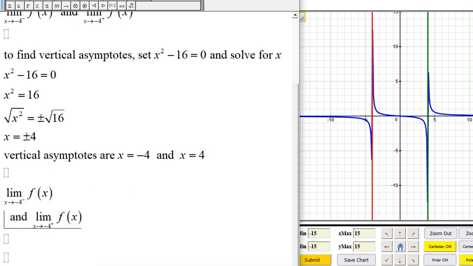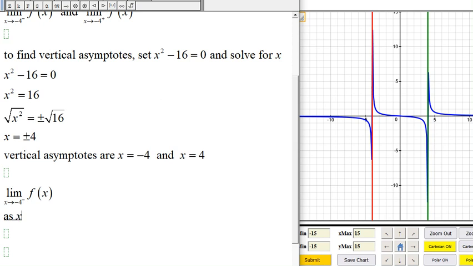And these are called one-sided limits. And so let's look at the table values, and we'll see what happens to y as x approaches negative 4 from the left.